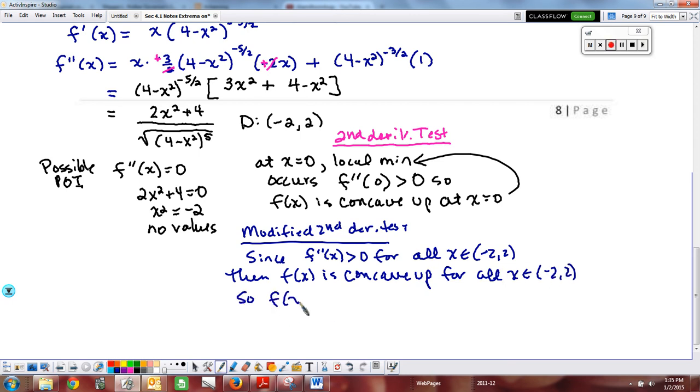So at x equal to 0, x equal to 0 is also a global min. Right? We have to show that it is concave up for the entire time. If it had switched, if it was concave up and then concave down, we wouldn't be able to get that it's a global min because there may be a point lower because of the switch in concavity. So that's a good preview.